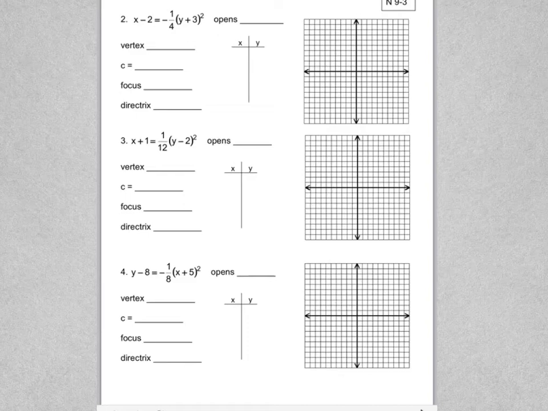Now, it's negative, so that means that it's left. So we go back and read our vertex. Remember, it feels like we're changing the sign. So the x value of the vertex is 2 and the y value is negative 3. So we locate our vertex at 2, negative 3. It's right there.